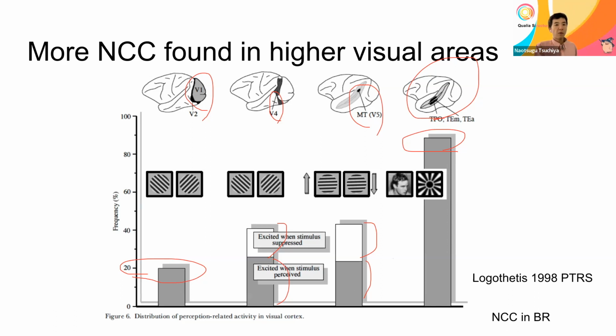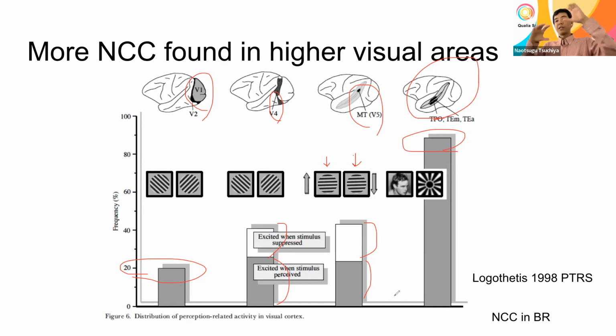And recently, my colleague also found that if you change the combination of these stimuli, like here it's a horizontal up or down kind of stimulus, they found this 20% correlated and 20% anti-correlated.